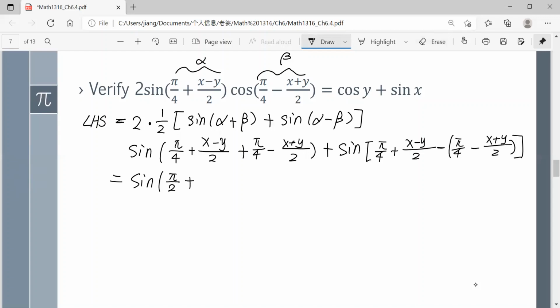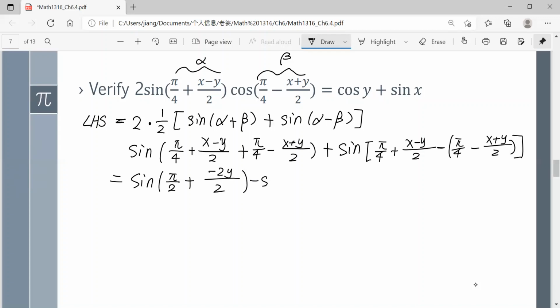Plus, those two terms have the same denominator. Add the tops together. So x, because this is minus, so minus x and then minus y. So x minus x is 0. Negative x, y minus y is minus 2y.